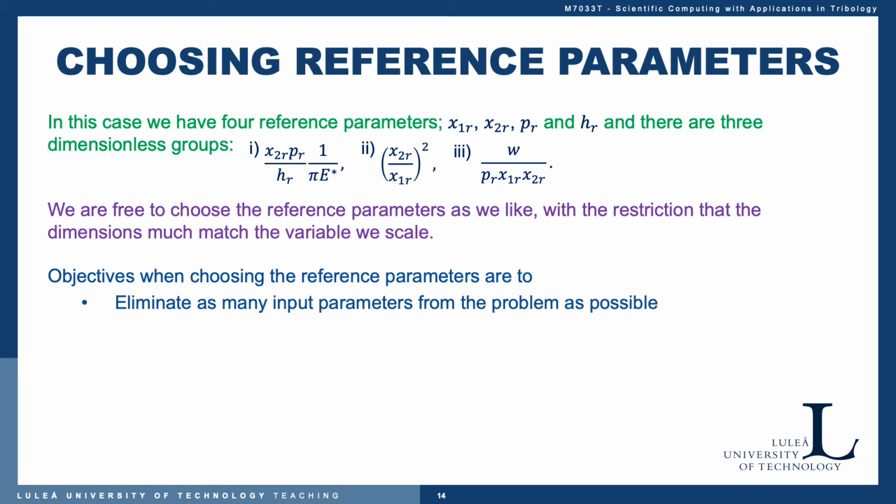The other one is to scale to avoid truncation errors. For example, the gap between the deformed surfaces is very small, so we may lose some digits on the mantissa during operations if we keep working with the original scale of the gap.